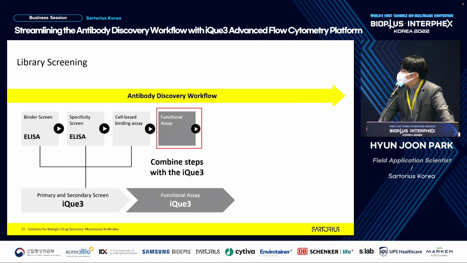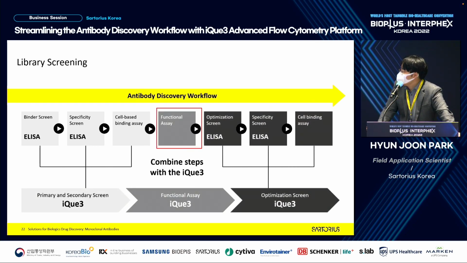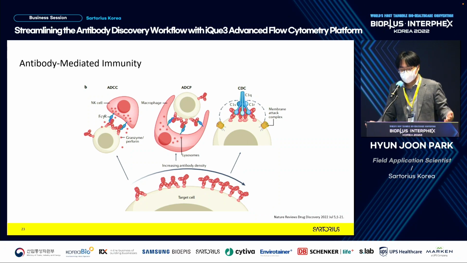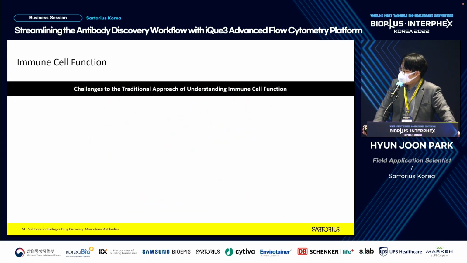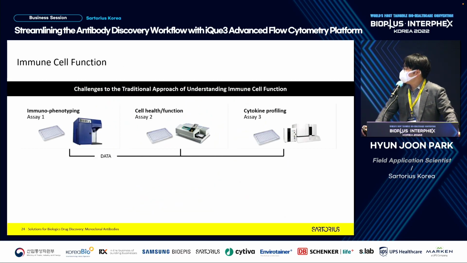Next one, I would like to talk about the stage after screening, and that is the functionalization. As you are working on it, I know that you are working on the antibody so much that you have a lot of anticipations on the activations or activities of the antibodies. ADCP and ADCI are most popular nowadays in your practices.